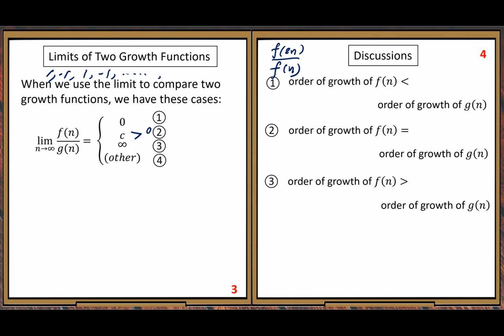How about number 4? Now we are at case number 4, other. Number 4, the limit does not exist. If we do the limit calculation, we have to stop somewhere. After we detect there is something wrong, we have to stop the calculation. It does not exist.